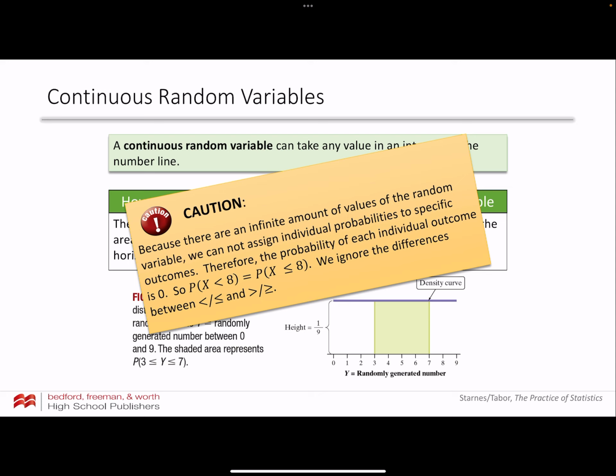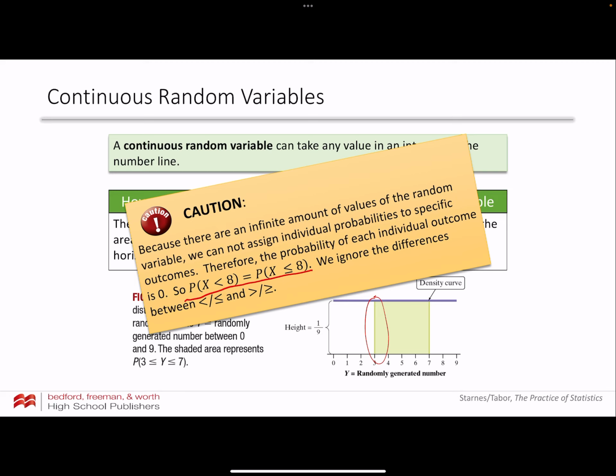Again, there's an infinite amount of values, so we can't assign individual probabilities. So I can't, for example, find the probability that y is equal to 3 in this example. Therefore, the probability that x is less than 8 is equal to the probability that x is less than or equal to 8.